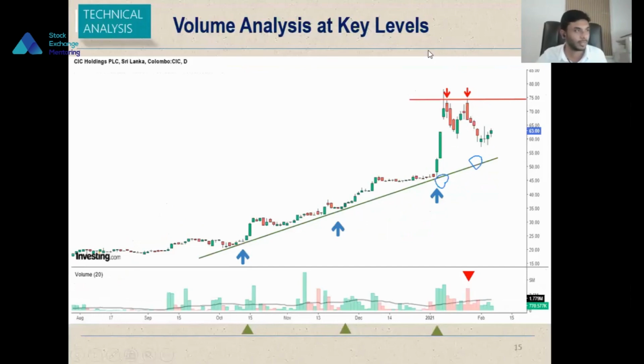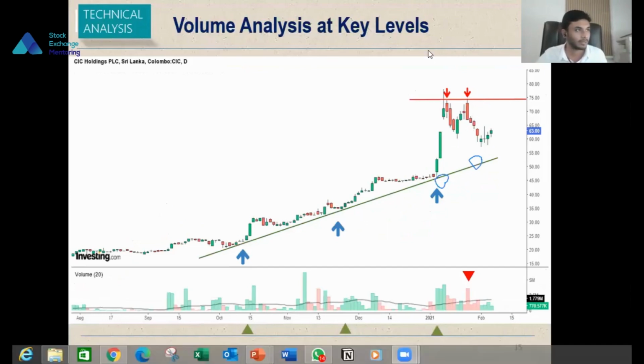Again, CIC Holdings, I would like to show you with volumes how you can see every time the price starts to touch the trend, the volumes are going up. The chart below shows the volume bars. Every time the stock reaches the trend support, that shows at that time buyers have some interest, identifying the value of that stock.